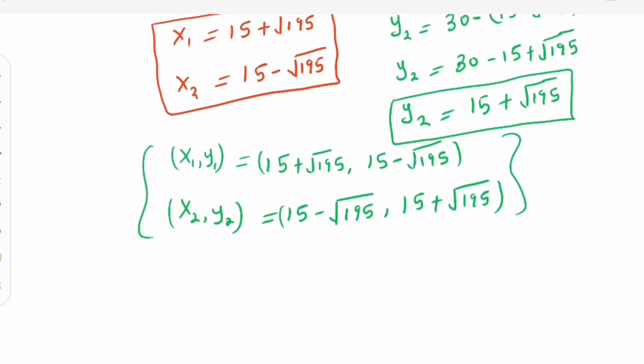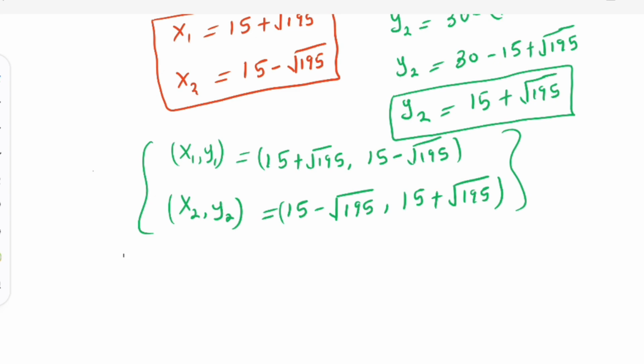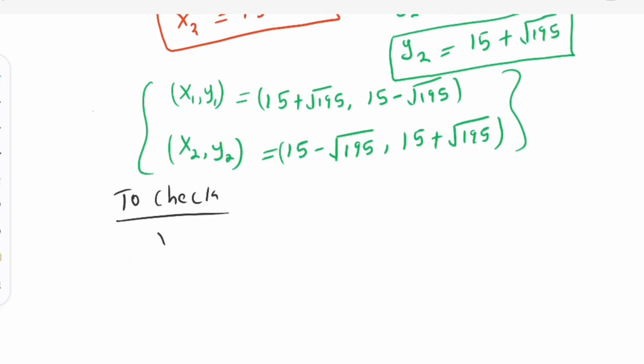We may check to confirm if this answer is right or wrong. Let's check. To check, we have the given equations. x plus y is equal to 30. xy is equal to 30.